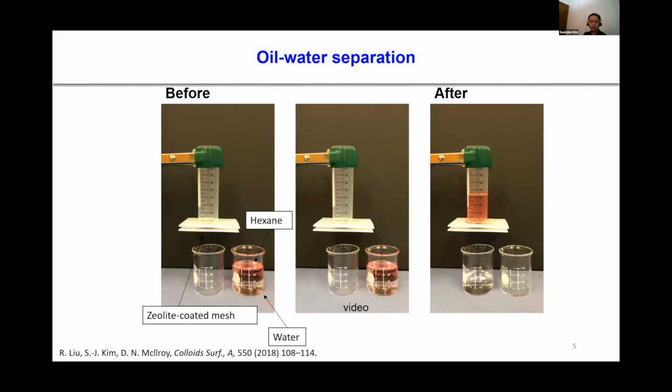In this video, a 50-50 mixture of hexane and water is there. The hexane is oil, which is red. On the bottom, we have water. Then we placed the zeolite-coated mesh here, and we simply poured this mixture on top of the zeolite mesh. So let me play this.